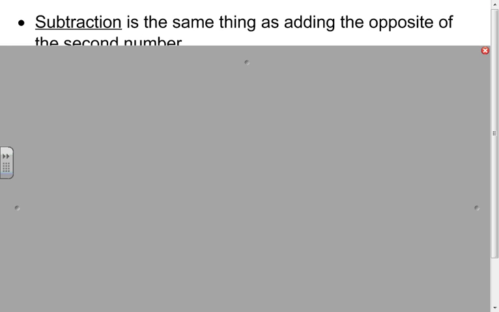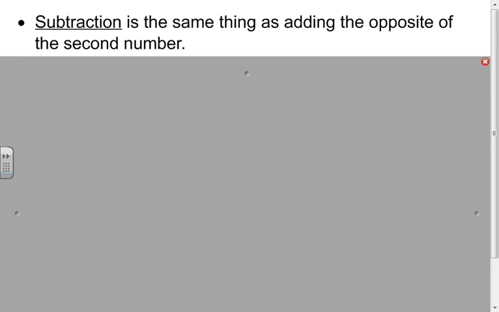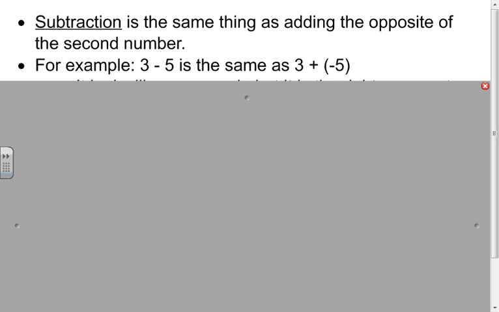Another new topic. Subtraction is the same thing as adding the opposite of the second number. Okay? For example, 3 minus 5, that would be the same thing as adding the opposite. So instead of subtraction, I have addition, and instead of a positive 5, now I have a negative 5.